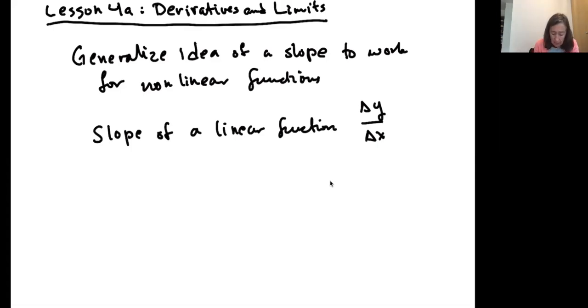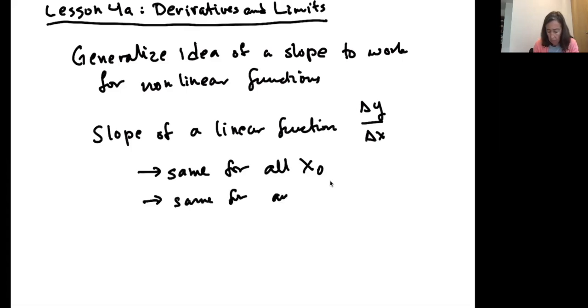It's the same for all x. Whatever starting value we pick for x, maybe I was calling that x0, I'm going to keep that notation, wherever we start on a line, we're going to get the same value for the slope. And it's also the same for any delta x. We can take a big change in x or a small change in x.